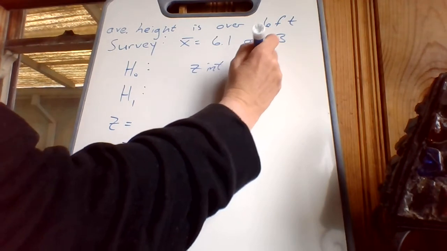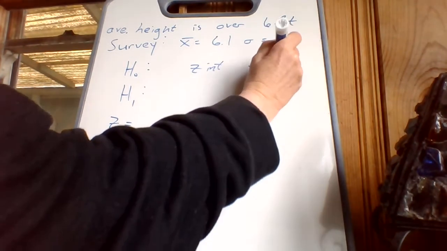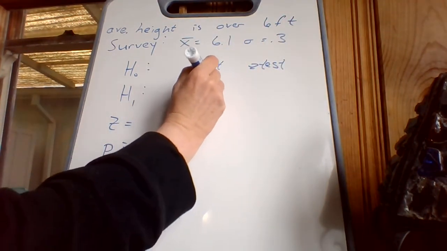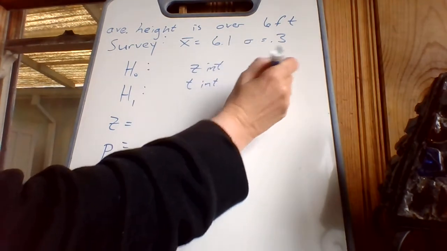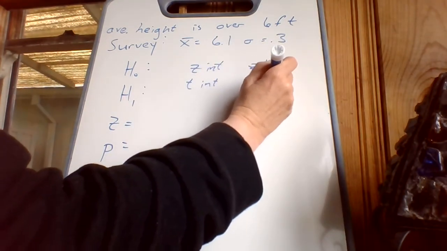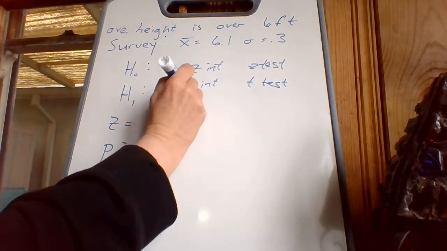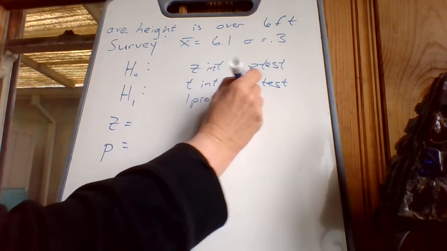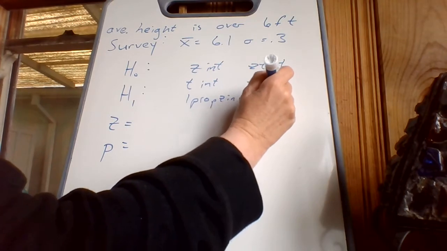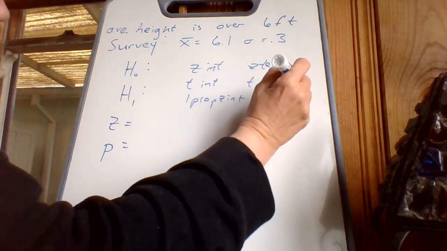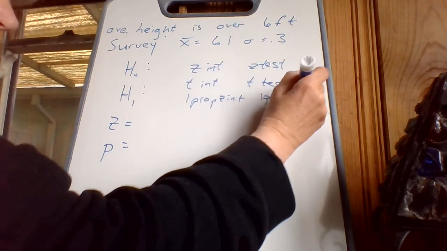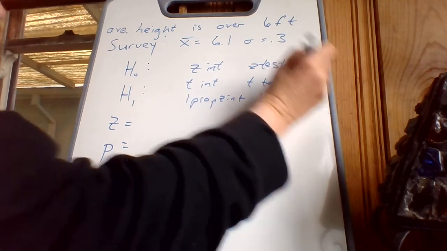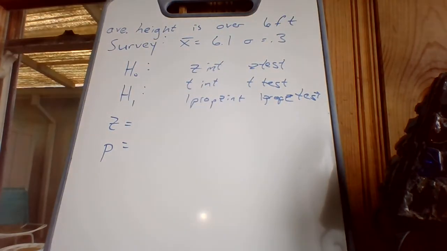And now there's the z-test. And there was the t-interval. And now in the next video, we'll do the t-test. And then there was the one prop z-interval. And last video, we did the one prop z-test. Oh, yeah. All right. So it all starts to look kind of the same.